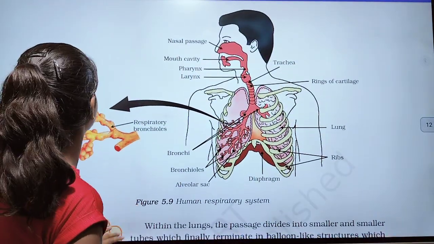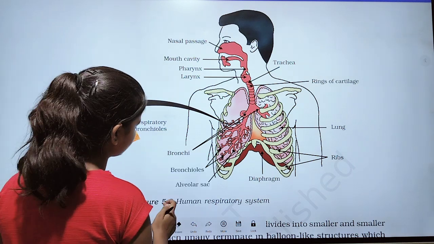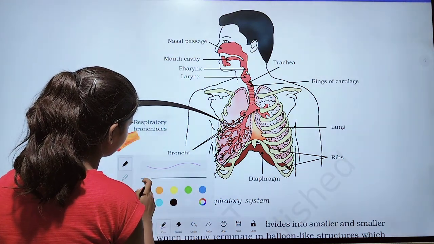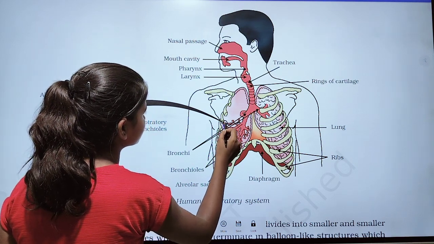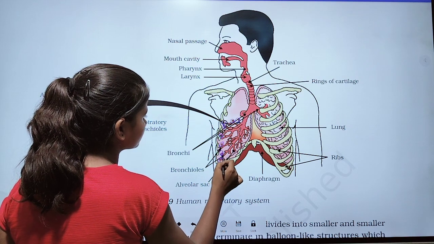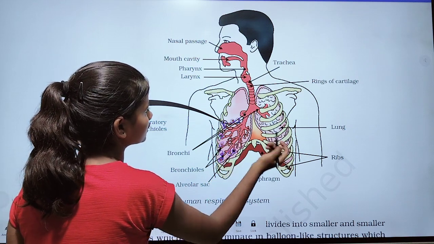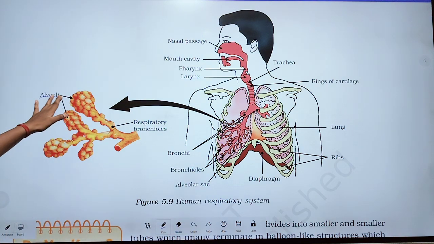This one is the alveoli, the balloon-like structure within the lungs.